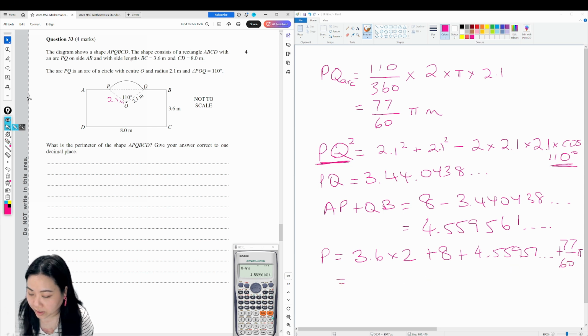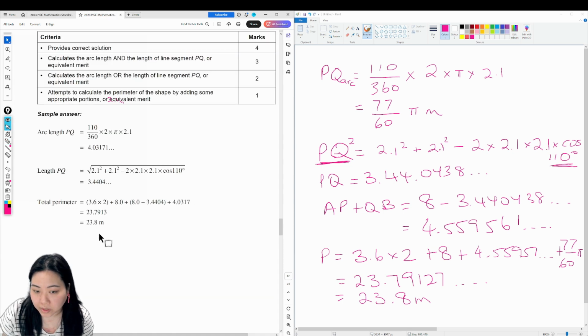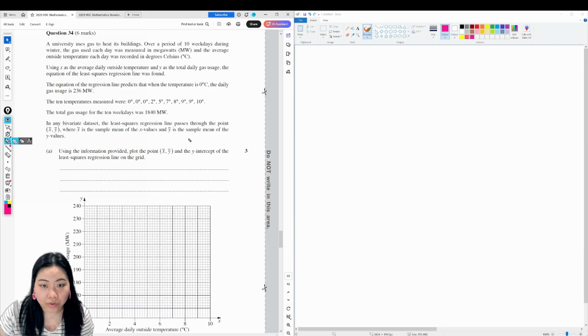I can plus 8 plus 3.6 times 2, and then plus 77 pi on 60. 23.79127 dot dot dot, and they want it to 1 decimal place, which is 23.8 meters. Again, I didn't check whether everything's in meters, but everything is in meters. They weren't trying to trick us. Very good. Let's check the answers. 23.8 meters. Excellent.